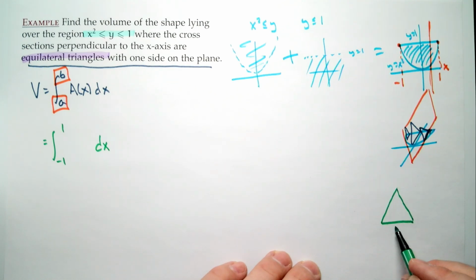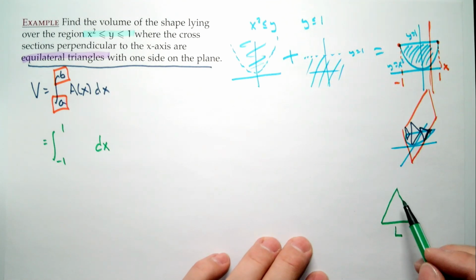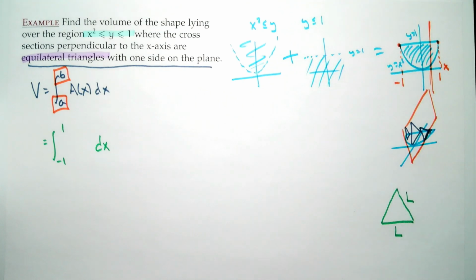Let's suppose that L is the side length of one of my equilateral triangles. If I want to know the area of a triangle, what's our basic formula? Yeah, 1/2 base times height. Now, you might say, hey, that's easy, because isn't that side also L? Yeah, it's equilateral, which means all three sides have the same length. But that doesn't mean that the height is L.